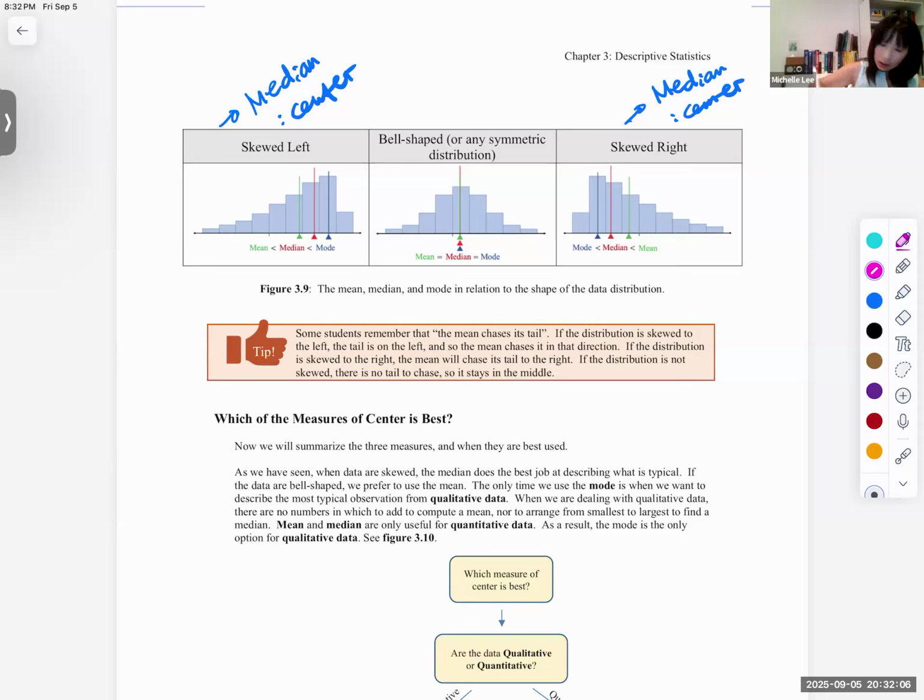Resistant means even though we add an extremely large number or smaller number, it does not change much. But the mean is sensitive, right? So in the bell shape, we are using the mean as a center.